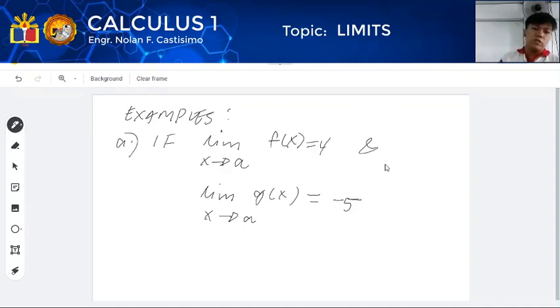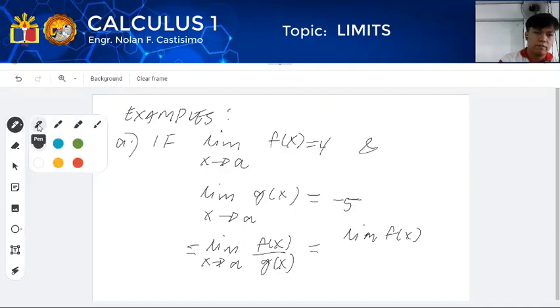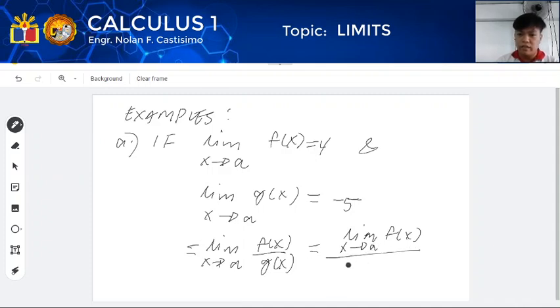So, gagamitin natin na yung formula ng Theorem 6, which is yung limit of f of x over g of x as x approaches a, equivalent to limit of f of x as x approaches a divided by limit of g of x as x approaches a.